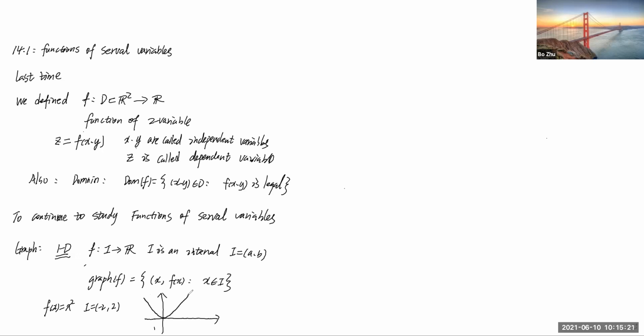This is negative 2, this is 2. They are symmetrical about the y-axis. You pick any x, you get f(x). This is the point. You are drawing the graph, you are not drawing a function. I know you knew this before. I just want to emphasize the concept. This is a function. This is a graph.